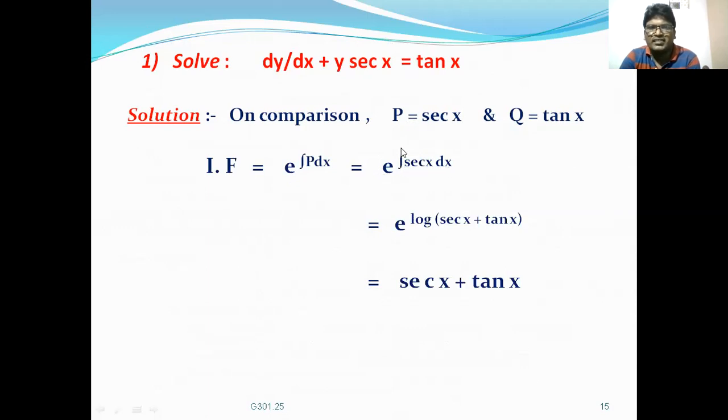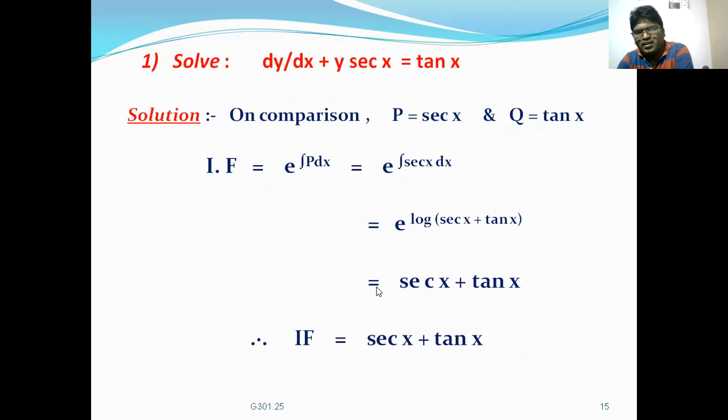Integration of secant x, you know, is log of secant x plus tan x. So here e power log value is 1, and you will get secant x plus tan x. This is the required integration factor.